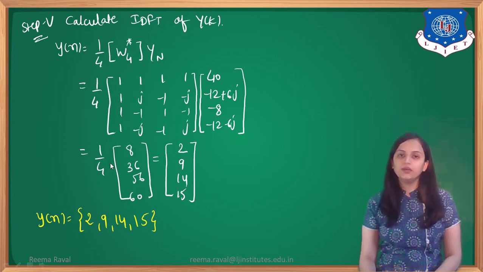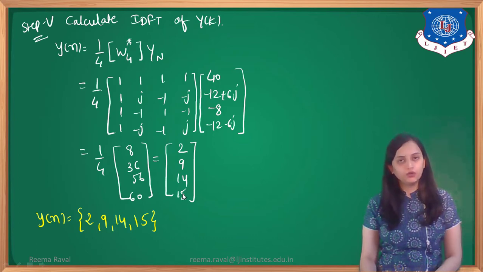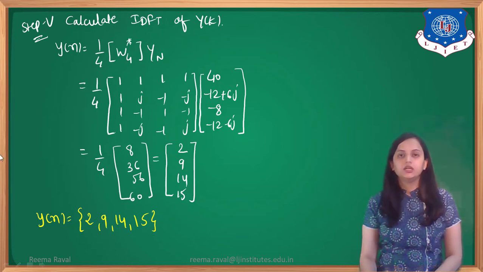These values are to be divided by 4 to get the final answer, which is 2, 9, 14 and 15. So the circular convolution output for this example is y of n equals 2, 9, 14 and 15. This is how the answer should be written using the DFT and IDFT method to find the circular convolution.